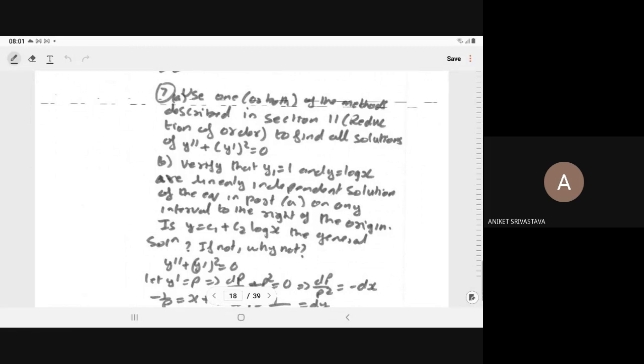Section 11 means reduction of order, to find all solutions of y double dash plus y dash square is equal to 0. So this is the second order differential equation. Verify that y1 is equal to 1 and y2 is equal to log x are linearly independent solutions of the equation in part A on any interval to the right of the origin.